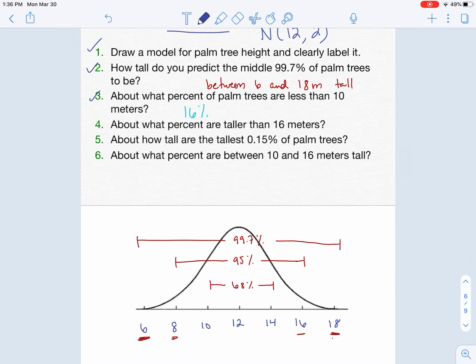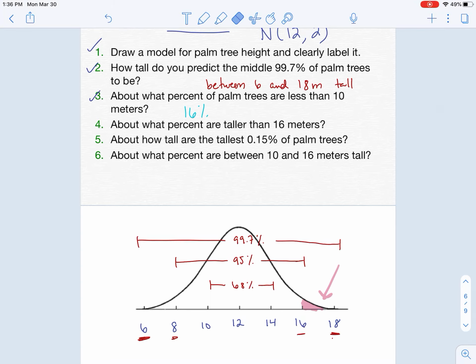Okay. Number 4, about what percent of the trees are taller than 16 meters? So that means I'm dealing with this part right here, this area. The area under the whole curve is 100%. Even if I were to just estimate this as a percentage, if the whole thing's 100%, that's small. That's teeny tiny. It's like 5%.